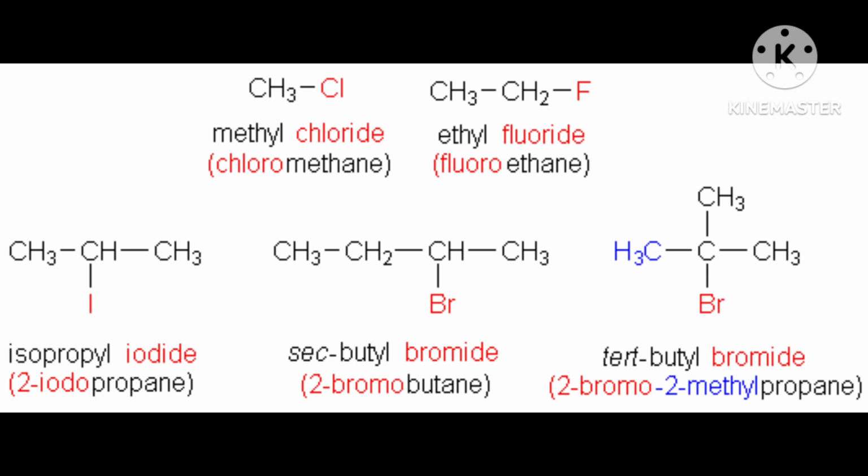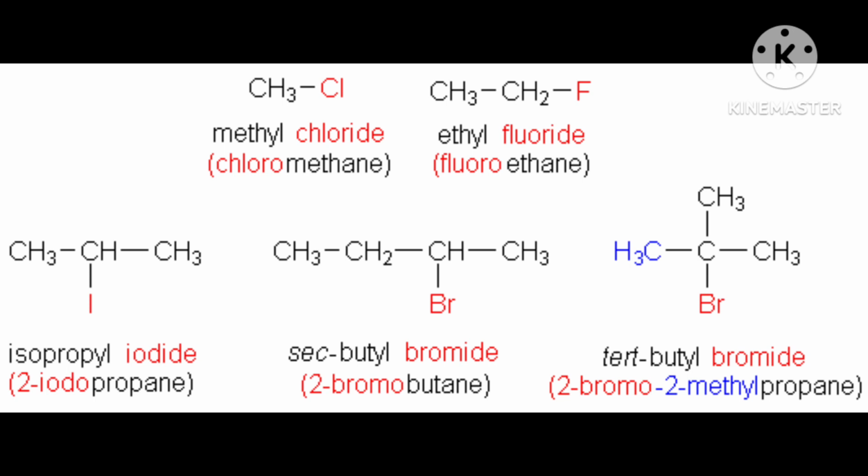Now the methyl group, that branch, can attach with the second carbon. Then now it will be butane only. But now the methyl group is attached with the third carbon, not the second carbon.